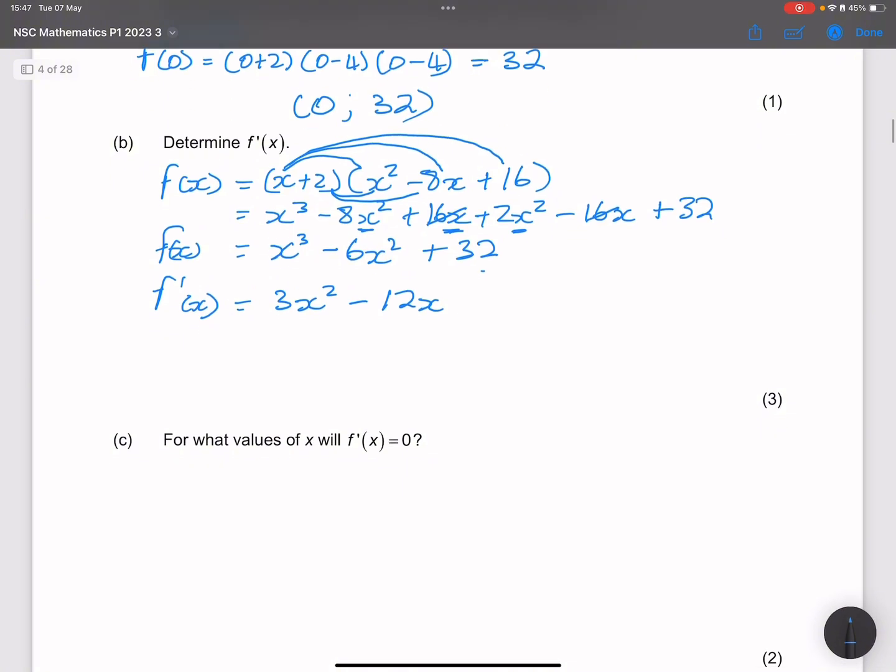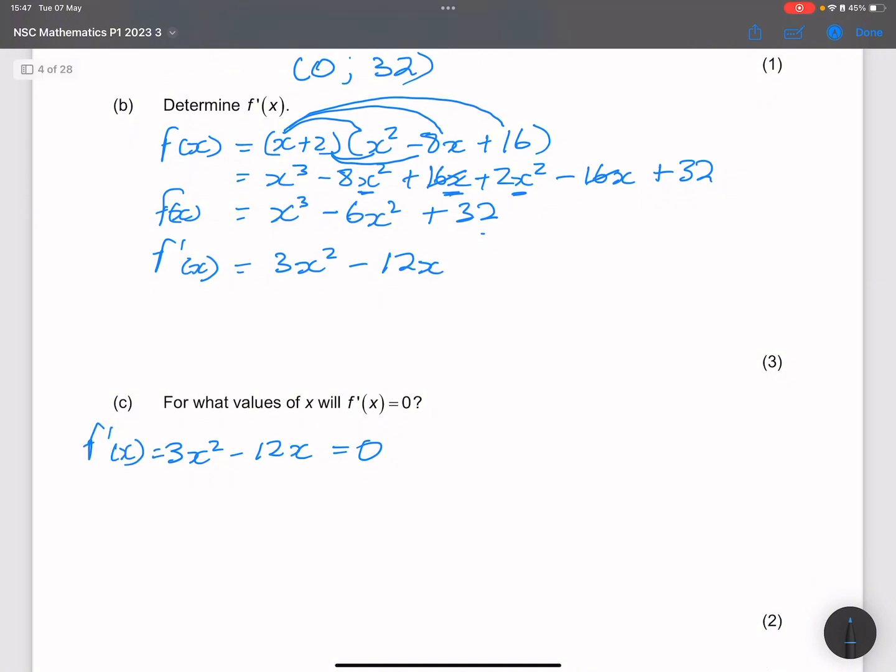Now they say for which values of x will f prime x be equal to 0? So in this case, we're going to take 3x squared minus 12x equal to 0. That's our f prime equal to 0. If I factorize that and take 3x out, that gives me 3x times (x minus 4) equal to 0.